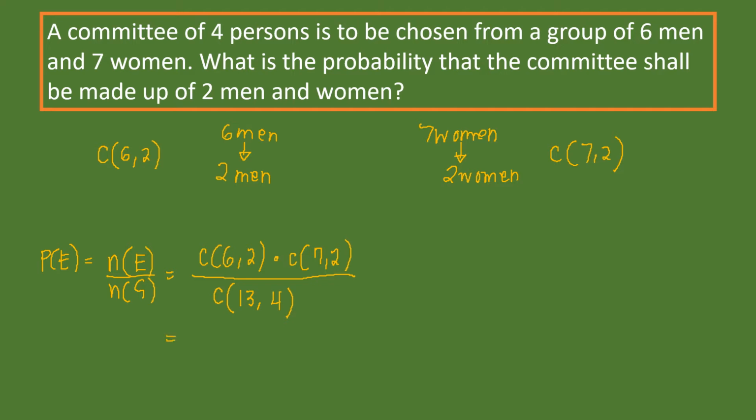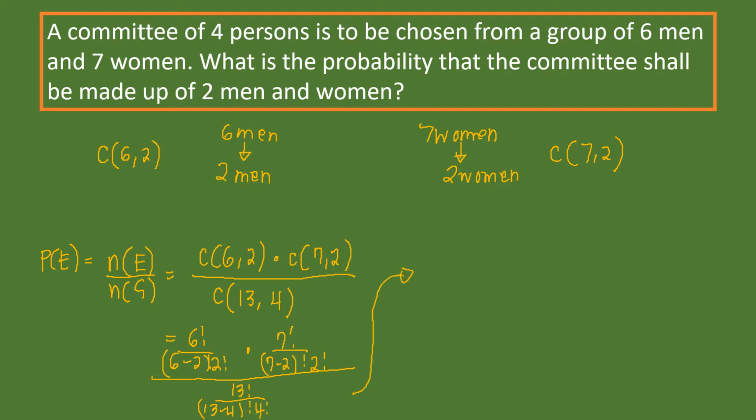So the combination of 6 taken 2 means it's 6 factorial over (6 minus 2) factorial times 2 factorial, times 7 factorial over (7 minus 2) factorial times 2 factorial, all over 13 factorial over (13 minus 4) factorial times 4 factorial.